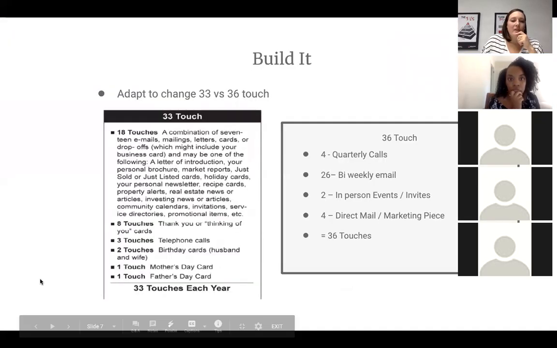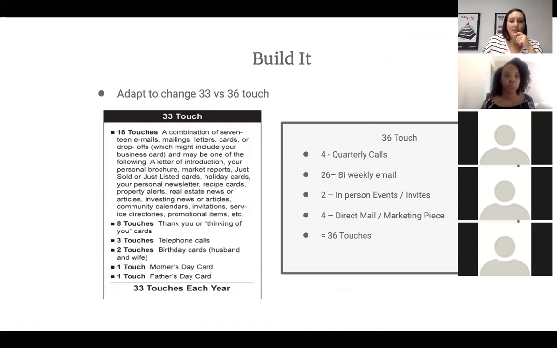So we used to have the 33 touch. Now it's 36 because the internet phase came in between when this was first written and now, and people are being literally touched constantly through these large corporations. And so we have to step up.